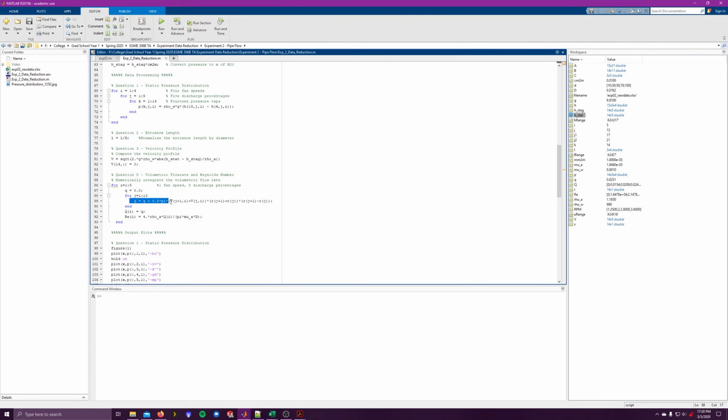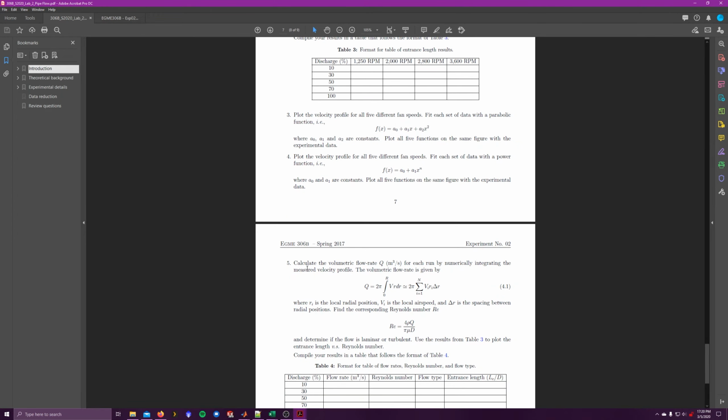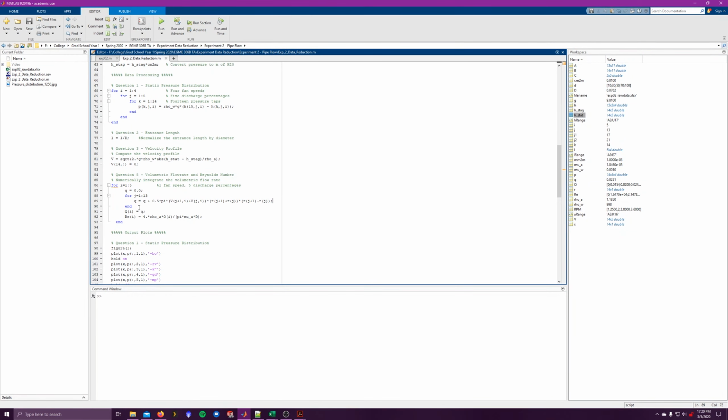Then you can type in this code here. That's just this formula, but kind of in a Matlab form to calculate the flow rate. If we go back here, we have Q equals Q plus, and then all of this equation that we had from the handout. So this is an update notation. So I started at Q, and I'm saying this updated Q is equal to Q plus all of this.